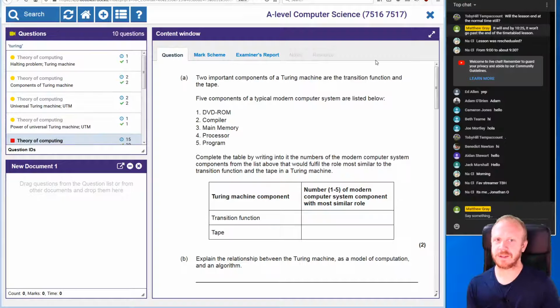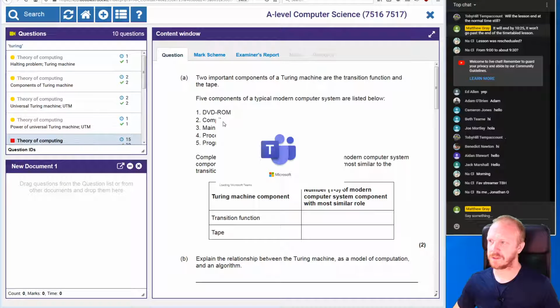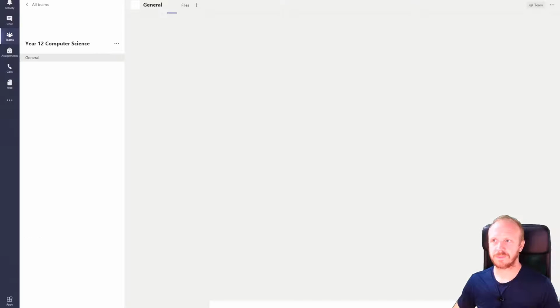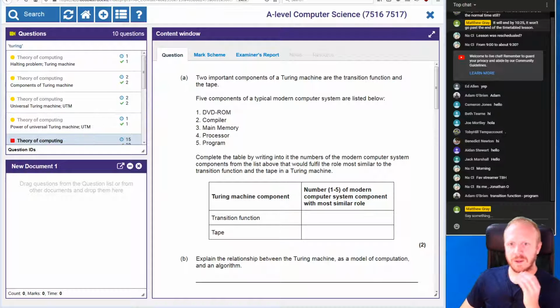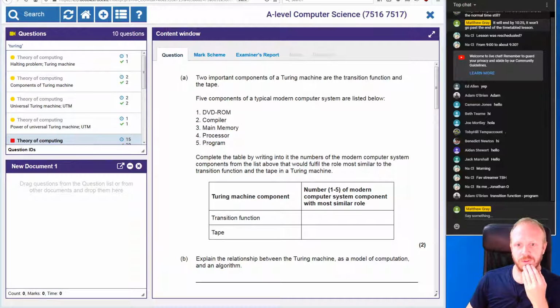Stick your ideas in here. I'll load Teams as well in case we're still having issues with it. So Adam reckons the transition function is equivalent to the program. Anyone agree, disagree?